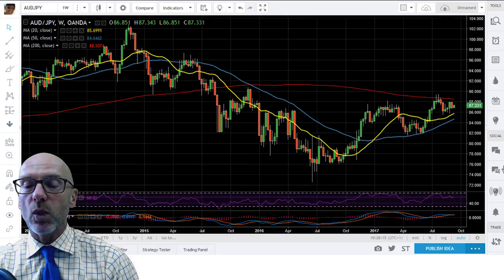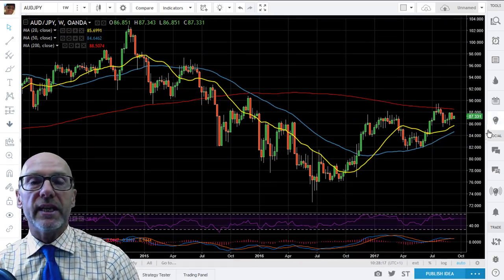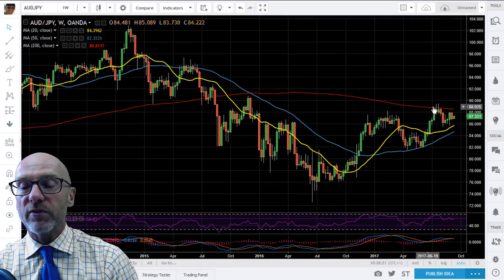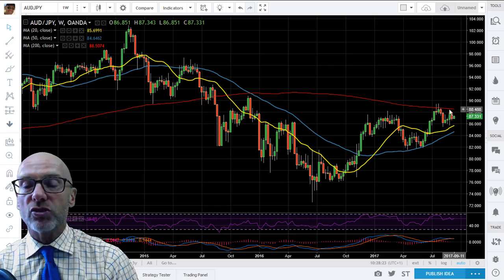Looking at the weekly, so here each candle represents 1 week's trade, and you can see that we've got this downtrending 200-day moving average, which is the red line. That will cause resistance to the upside like it did in July. The 2-week period in July, we went above it, but it was too strong a resistance and we have pulled back.